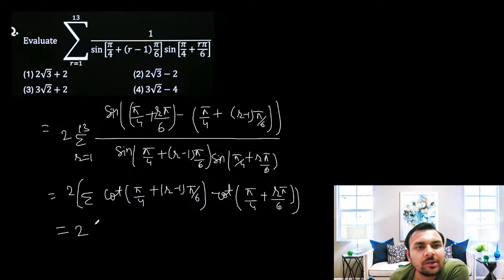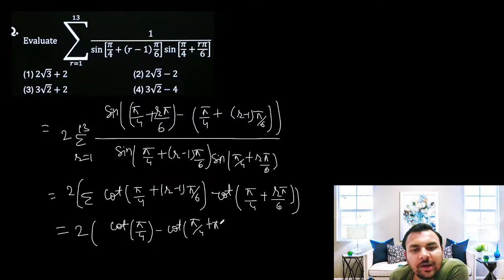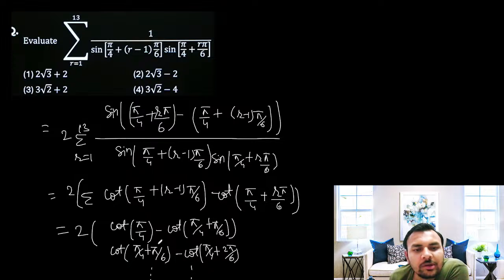Okay, so r equal to 1: cot pi by 4 minus cot (pi by 4 plus pi by 6); r equal to 2: cot (pi by 4 plus pi by 6) minus cot (pi by 4 plus 2 pi by 6). So it will keep on going. Yes, you will find that these terms are getting cancelled.